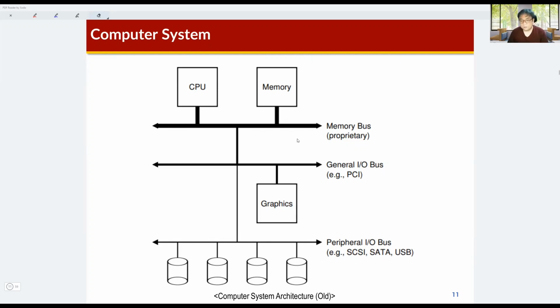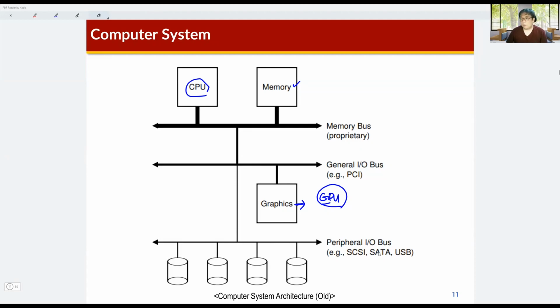Okay, and then let's see how the CPUs are connected to the different I/O devices. This is the overview of the computer system architecture, but this is an old generation architecture. As you can see, the CPU is connected to the main memory like DRAM. The CPU is connected to the graphics processor like the GPU, and also to many different peripherals, that means I/O devices.